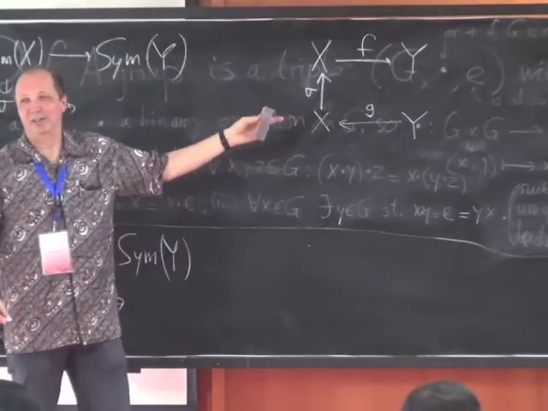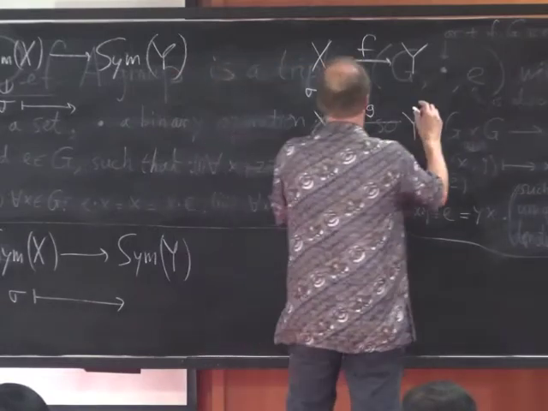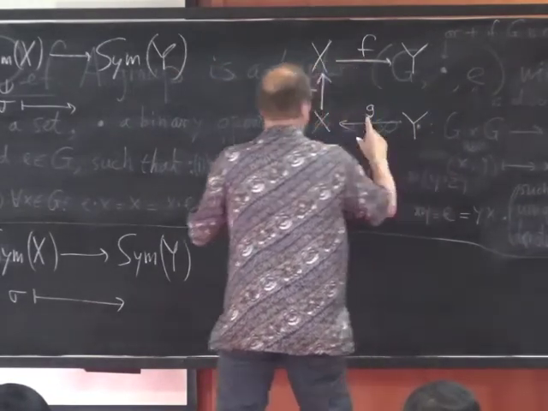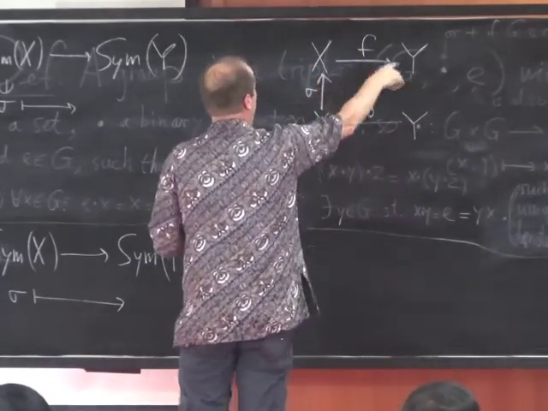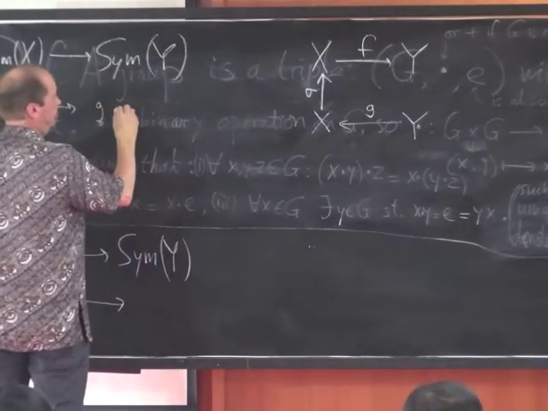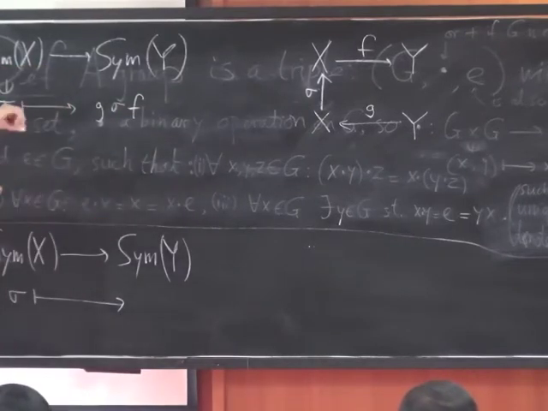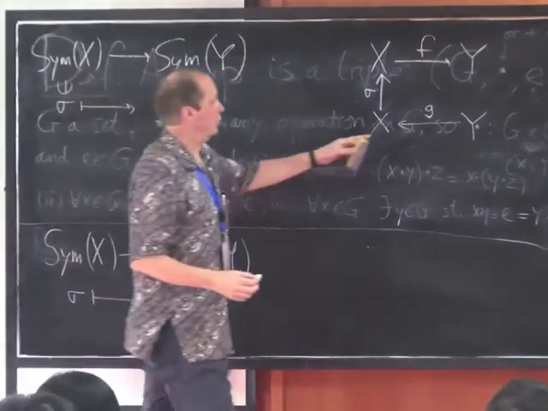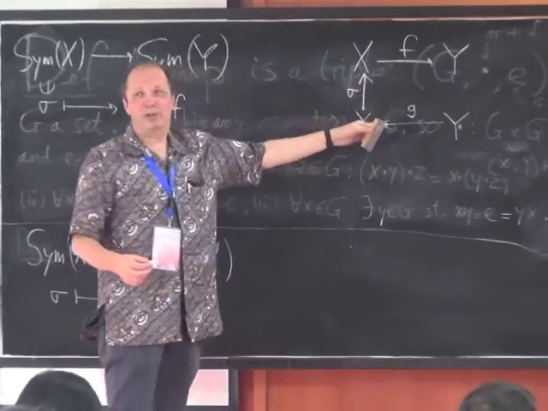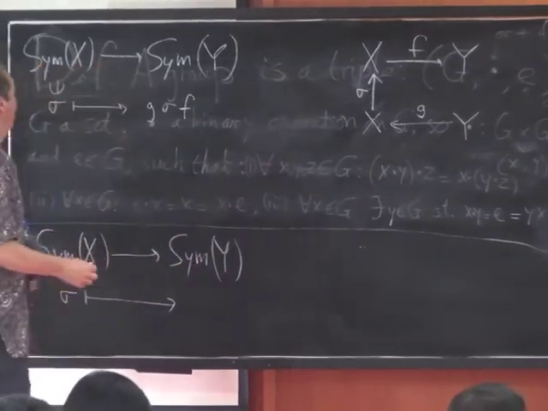So here I have a map that gives me first g, then sigma, then f. So g, sigma, f. And I will not write the composition signs all the time. All the maps I compose are bijections, and if you compose two bijections, you get a bijection. So we have that.